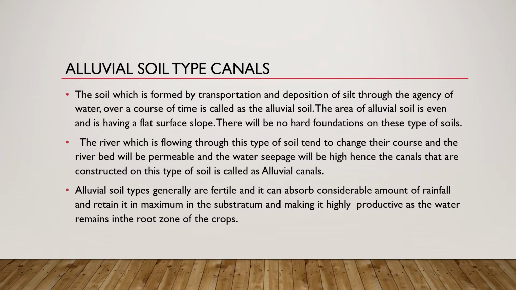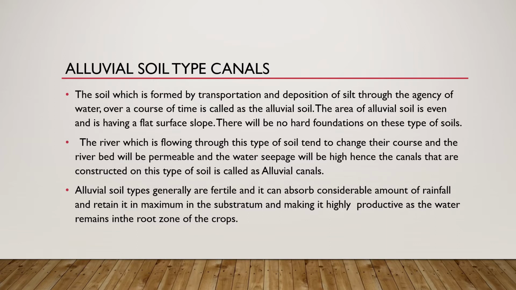These weak rocks are washed away from the original place and settle somewhere else, at a downstream portion, and they generally settle as silt because they break down when washed away. This is generally done by rainwater. This type of silt formed after washing away is called alluvial soil.